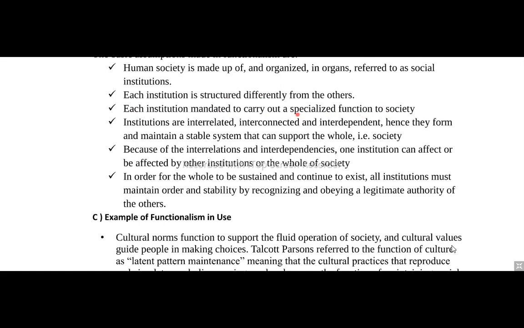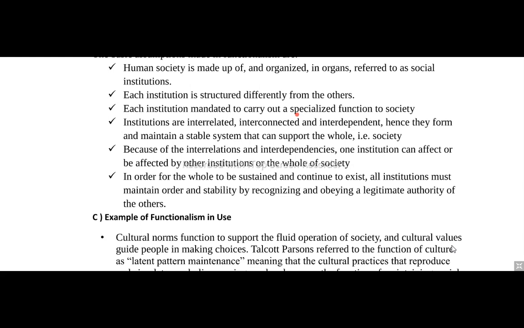So as the heart, the liver, the lungs, the kidneys do their specific functions, so those institutions in the society have their specific function. Education is for providing learning to the society.